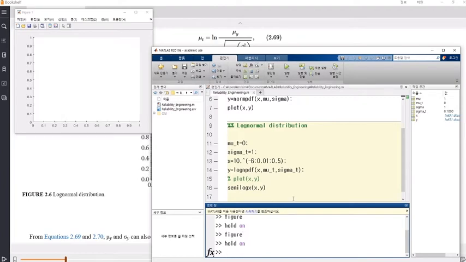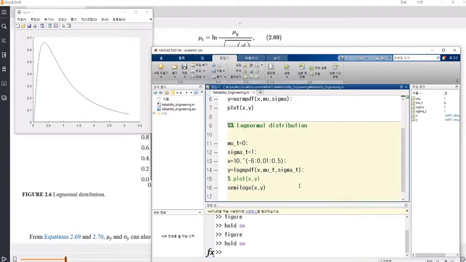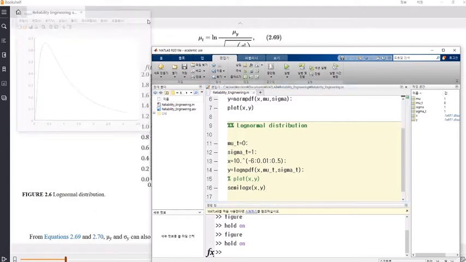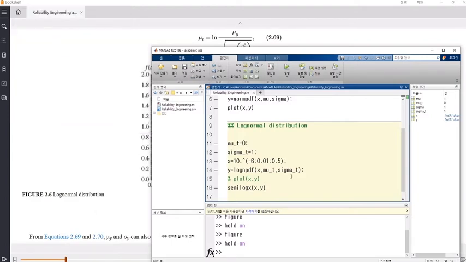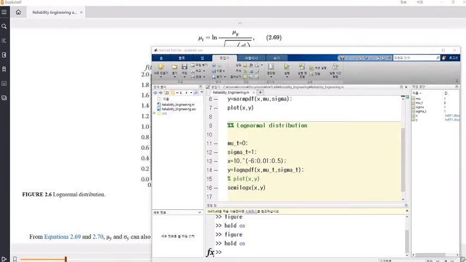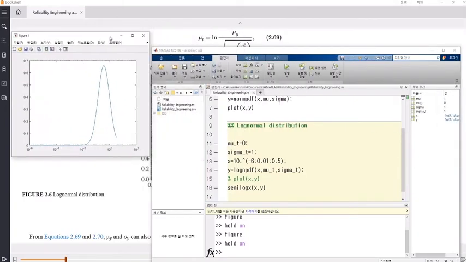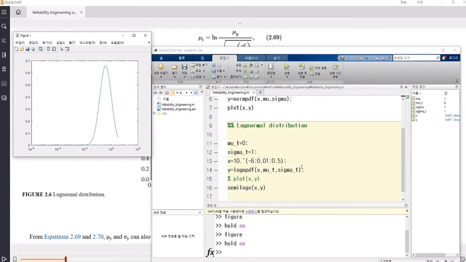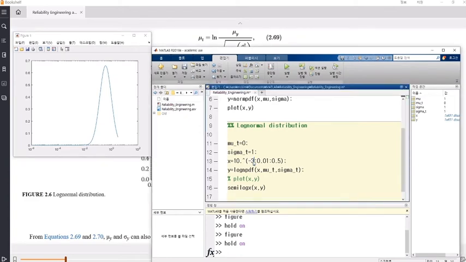Let's try it once again. So maybe if we change this to -3 to 3, then it will be more evident.